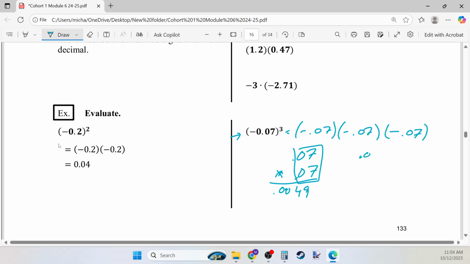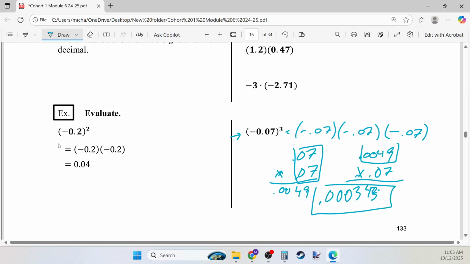I take this number, 0.0049, multiply it by 7, and I get 343. But now I have 6 digits past the decimal point, so I need to put 3 placeholder zeros. That gets me that number. But my number should be negative, so my final answer is negative 0.000343.